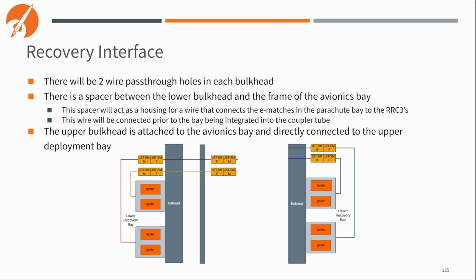To step back in to talk a little bit more about the spacer and our recovery interface. Since we're doing dual bay, we have to send deployment signals to both ends of the avionics bay, which means we have wires running to both ends and to both sections which have charge drops.